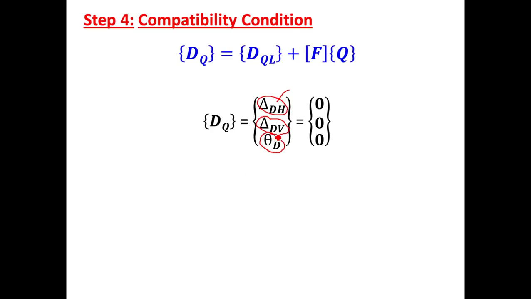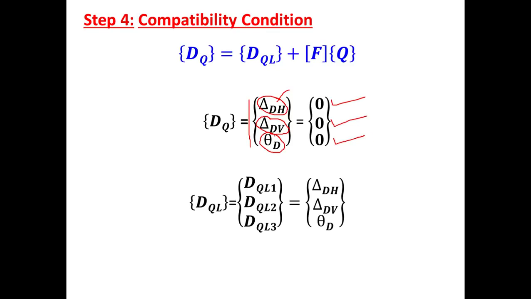So in the original structure, is there any displacement given at point D? No, there is no horizontal displacement given, there is no vertical displacement given, there is no rotation given at point D, and that's why all three elements of the dq vector are 0. Okay. Now the second matrix is dql, that is the displacement corresponding to unknown reactions in the released structure.